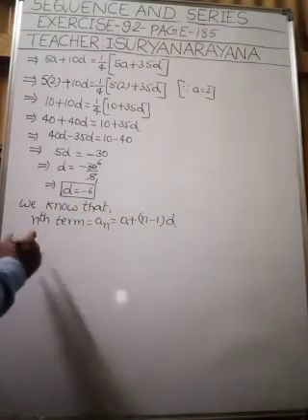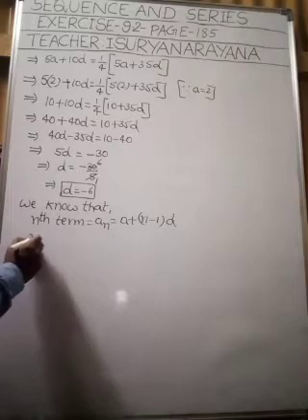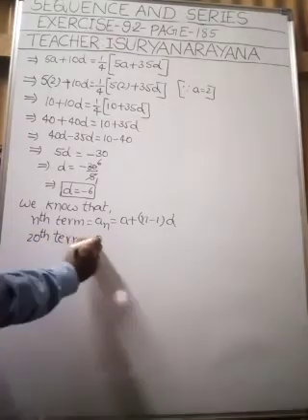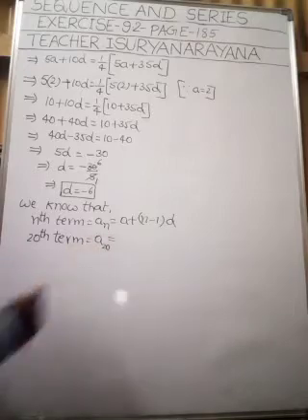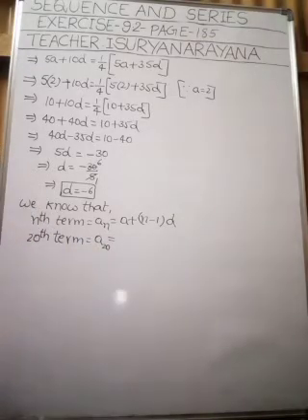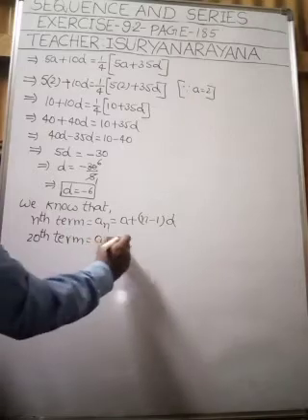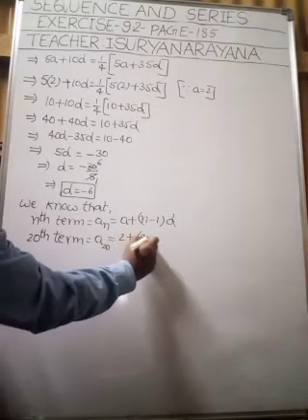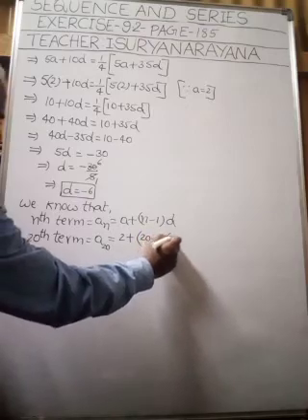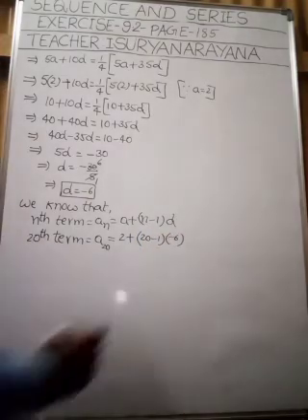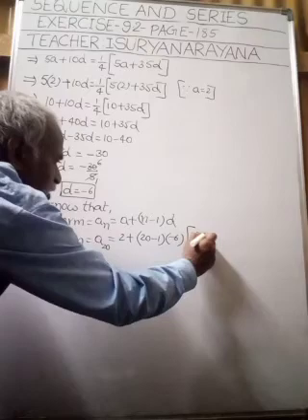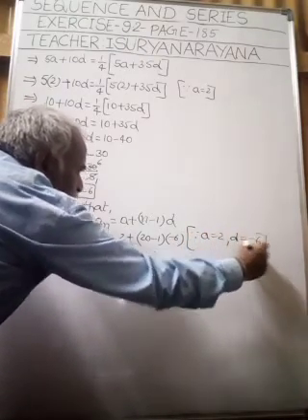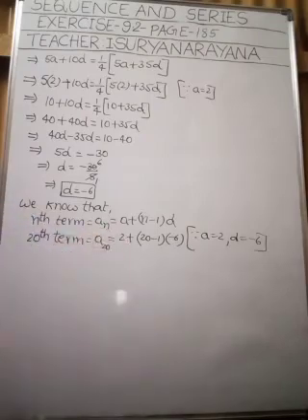Now let us find 20th term. 20th term is equal to a20. In the place of n, write 20, and a is equal to 2. 2 plus n, that is 20 minus 1, into d. What is d here? Minus 6. Because a is equal to 2, d is equal to minus 6. Understood this step, my children?